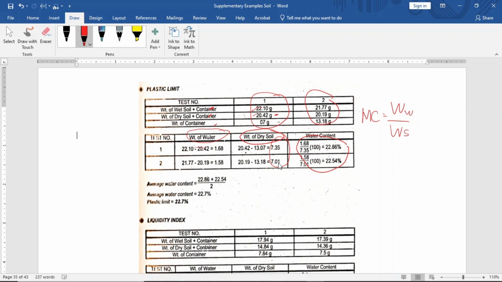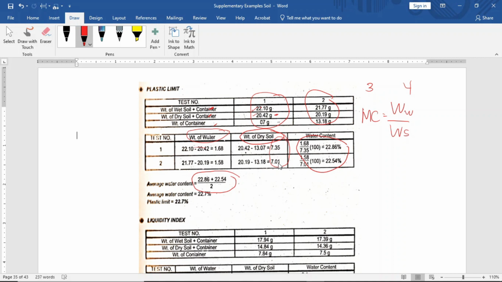Sir, paano natin mahanap yung plastic limit kung dalawa yung water content natin? Ang gagawin natin is i-average natin. Kung, for example, ang plastic limit natin is hanggang test 4, i-average natin sila hanggang test 4. So, 1, 2, 3, 4 na water content all over 4. Sa problem natin ngayon, dalawa lang.